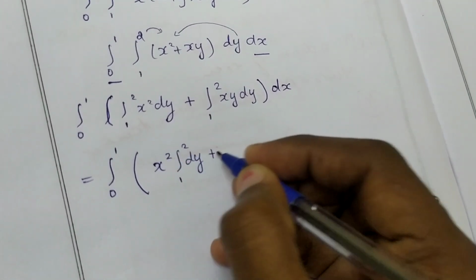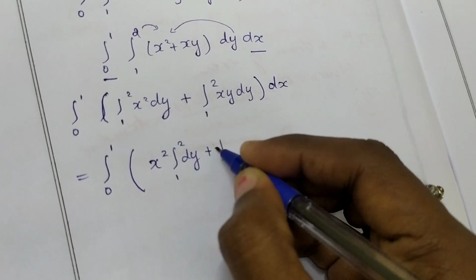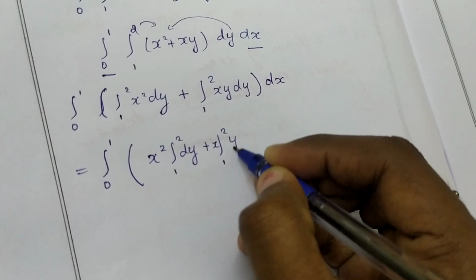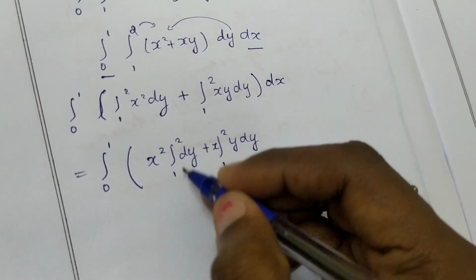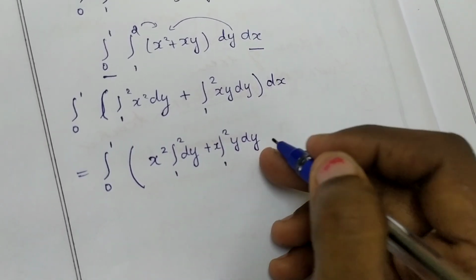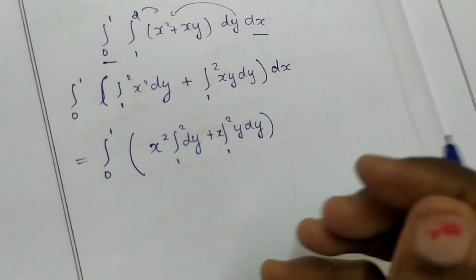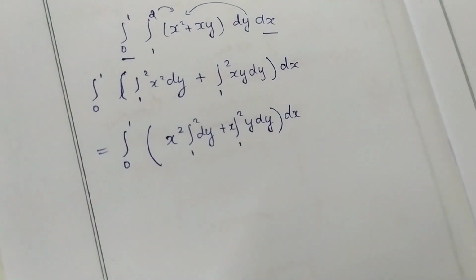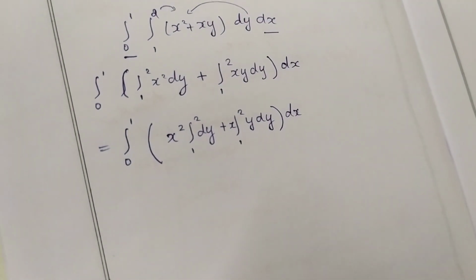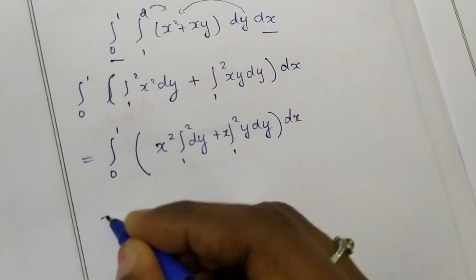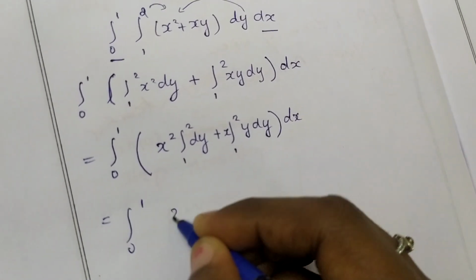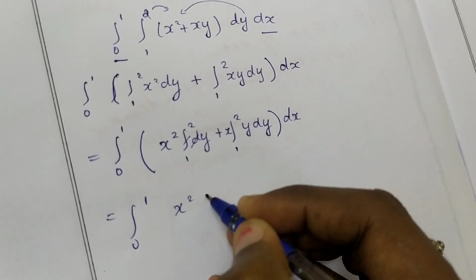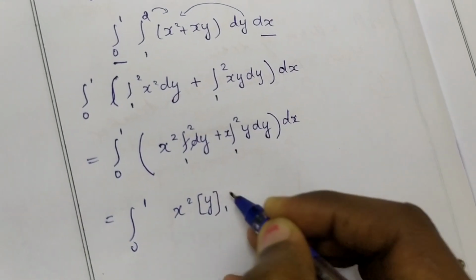And here, plus, I'm keeping x outside, and then 1 to 2 y dy, because we are going to integrate according to dy, right? So we can only consider those terms alone. I am putting each and every step, so you don't need to write the steps in your exams. So 0 to 1 x square into, if you integrate, the integration and d symbol will get cancelled, and you will get y from 1 to 2.